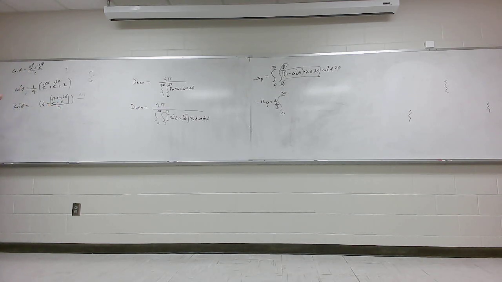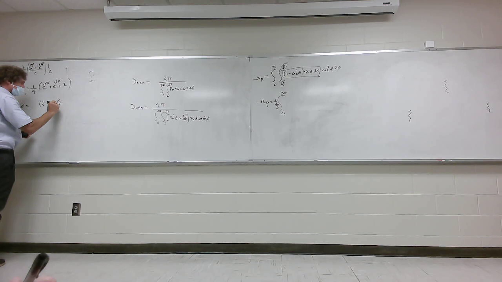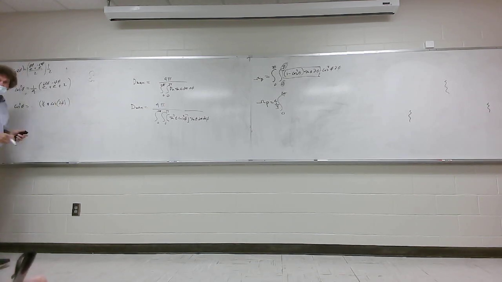Now take a good look at this and this. What if I make this 2, and then I divide by 1/2. You see how that's that? How many see that? And in the back, far back, you guys see? So I just replaced this with cosine of 2 phi, okay?